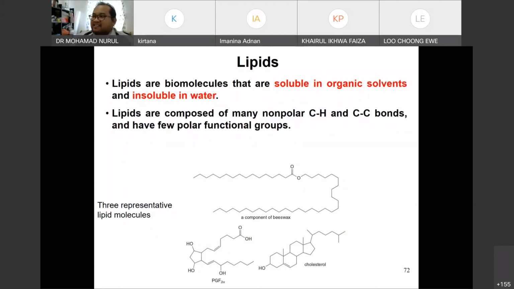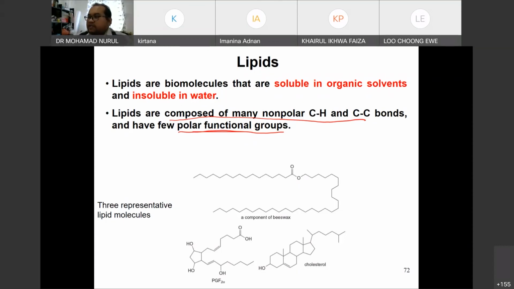This is the reason: they are composed of many non-polar C-H and C-C bonds, but fewer polar functional groups. You have to refer back to chapter 3. The limit is until carbon 5, only 5 carbons. After that, you have to check whether these compounds have higher solubility or not.